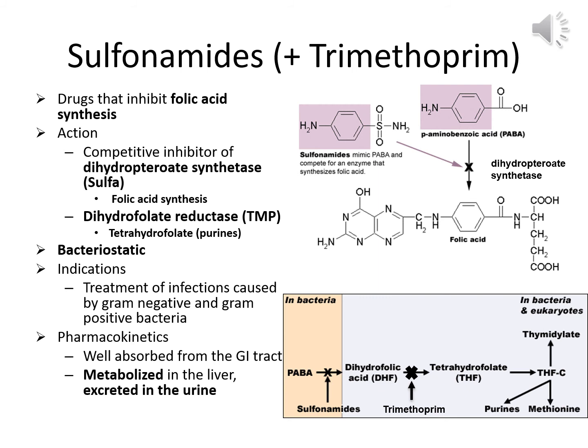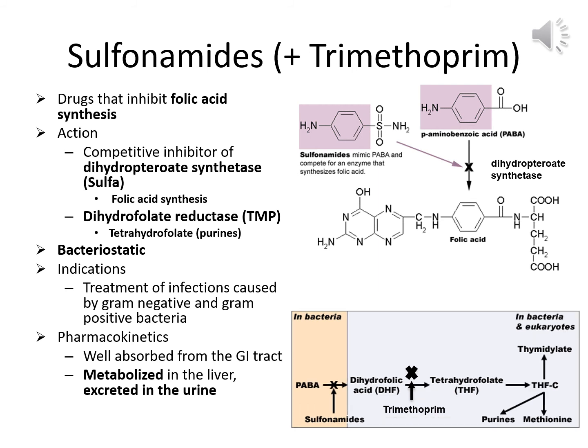And so tetrahydrofolate is actually needed to synthesize purines and methionine and thymidylate, so basically DNA and those kind of things. And so since we have a series of reactions and we block 2 enzymes in that reaction, the combination of the 2 drugs is much more effective than using the drugs individually.